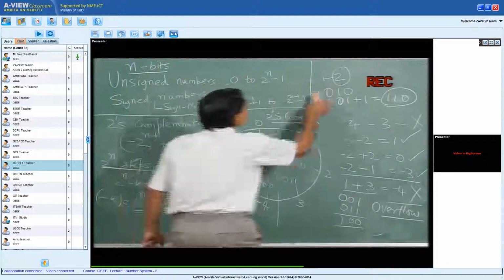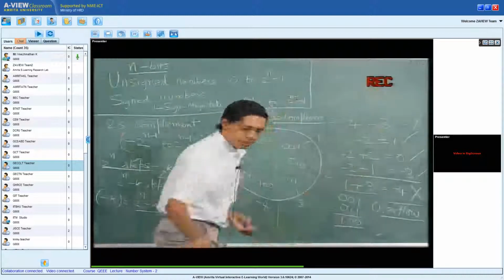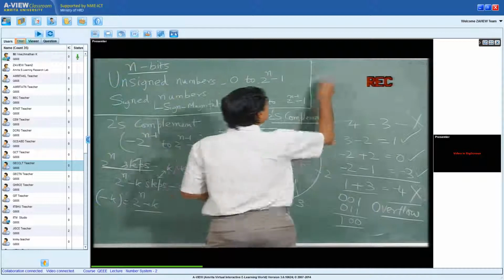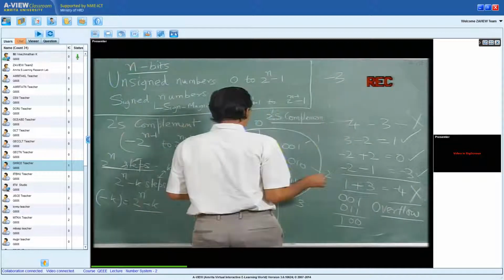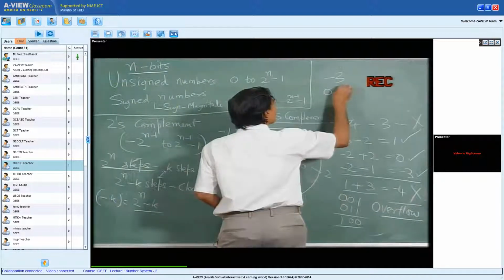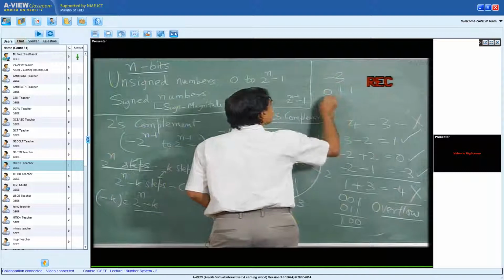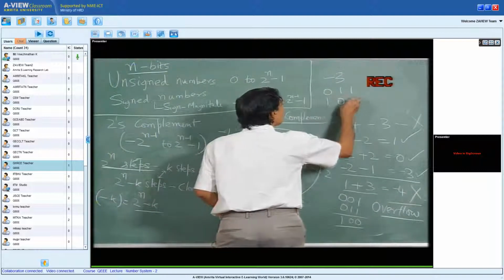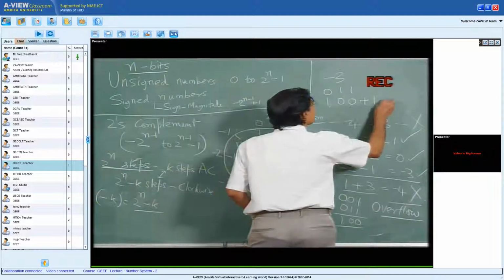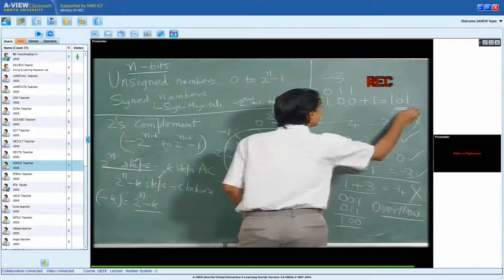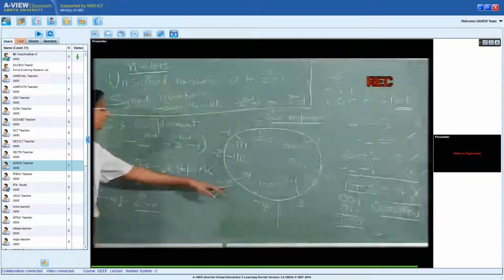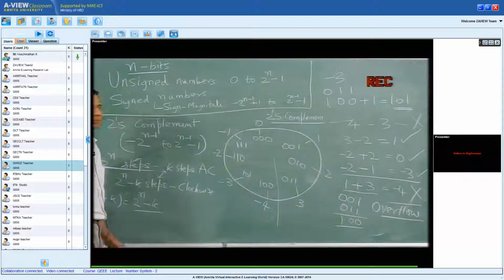Let me do one more example. Minus 3: take 3, which is 0 1 1, complement every bit, I get 1 0 0, add 1 to this, I get 1 0 1. Note that 1 0 1 is minus 3, correct.